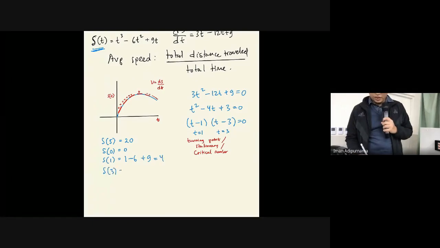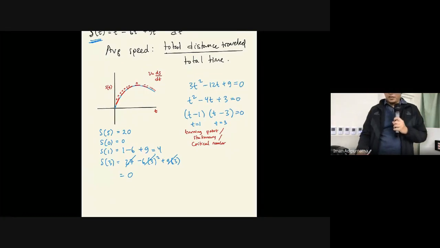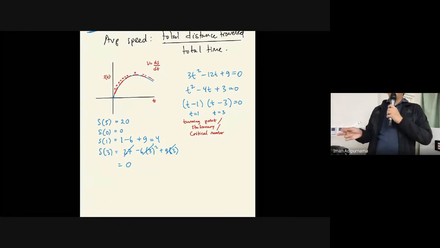And s(3) is 27 minus 54 plus 27, which is 0, right? So when t equals 3, the person is back at 0.